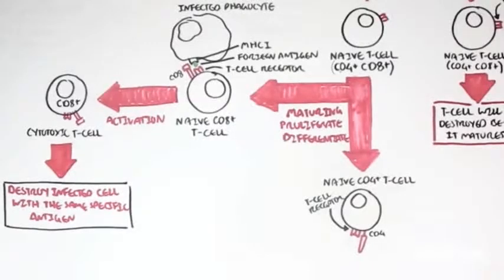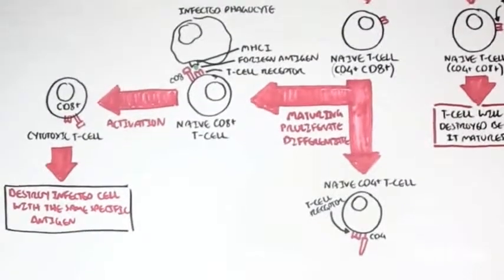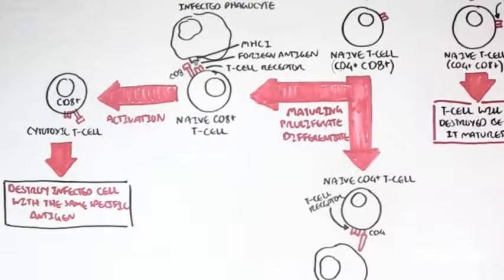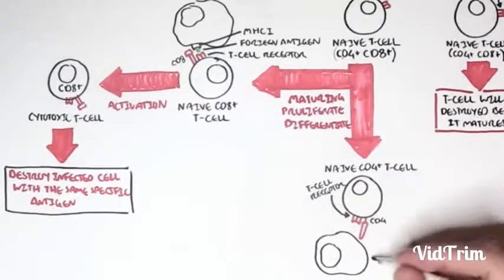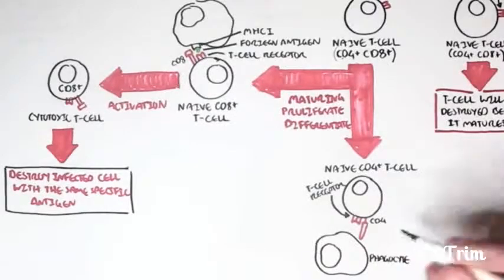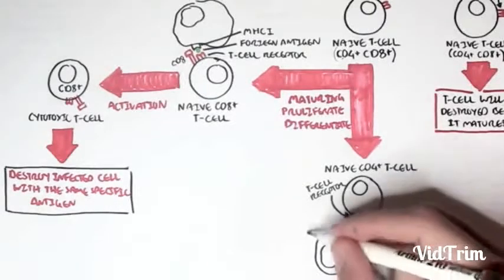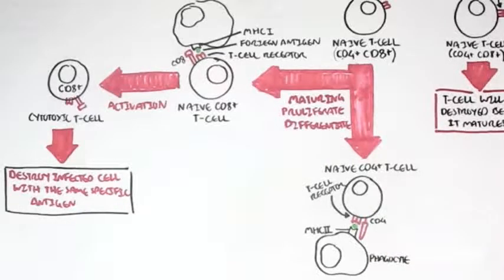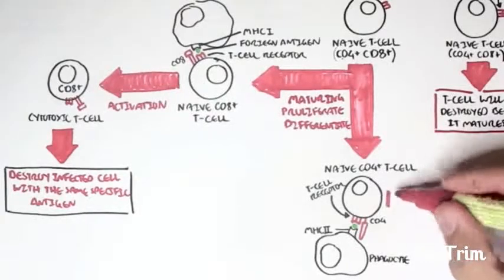So what about naive CD4 T cells? Well, a naive CD4 T cell will become activated when a non-infected antigen presenting cell, such as this phagocyte, presents a foreign antigen on an MHC class 2, a major histocompatibility complex class 2. This naive CD4 T cell only recognizes a specific foreign antigen.